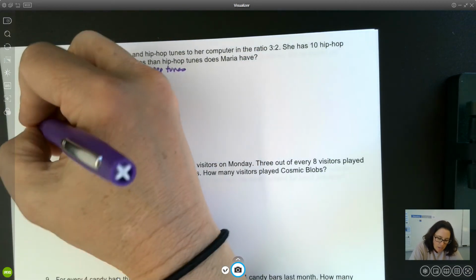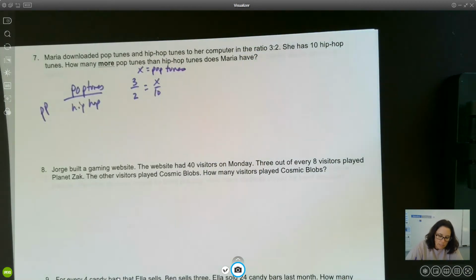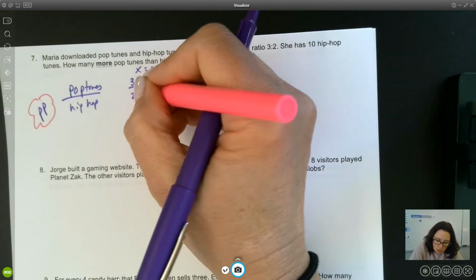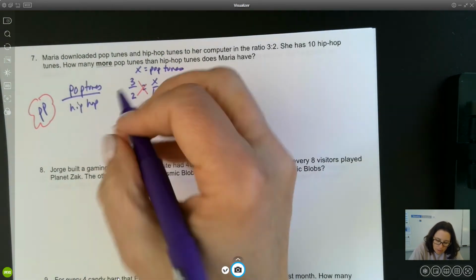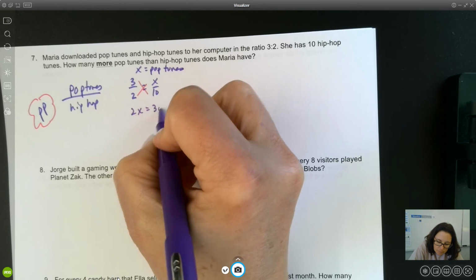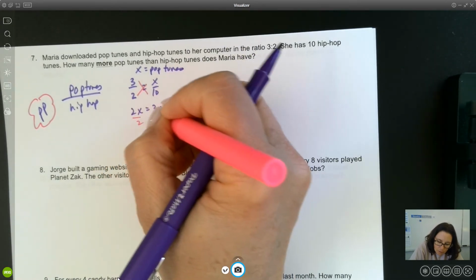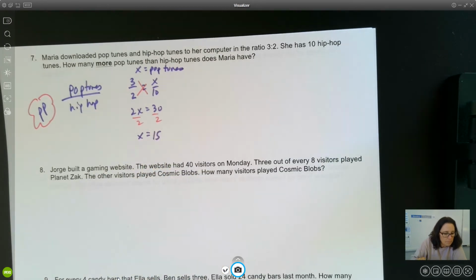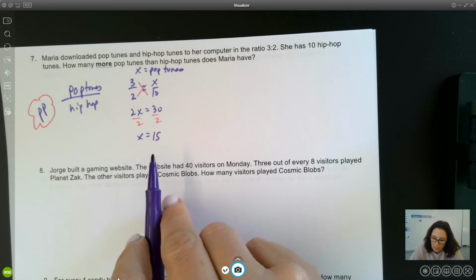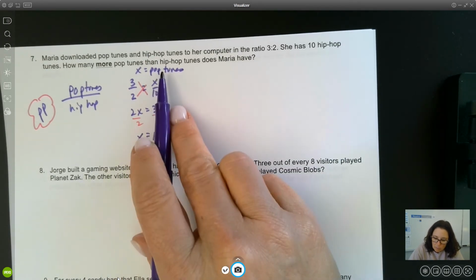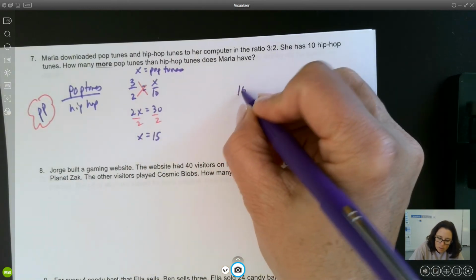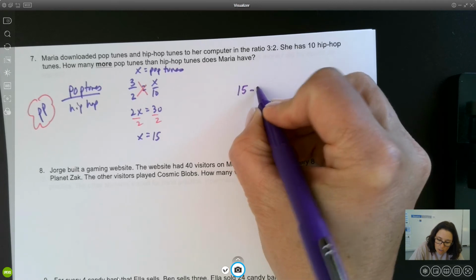Okay, this is a part-to-part relationship. So I've got 2X equals 30. Divide by 2. X is 15. All right, so if I have 15 pop tunes and 10 hip hop tunes, how many more?